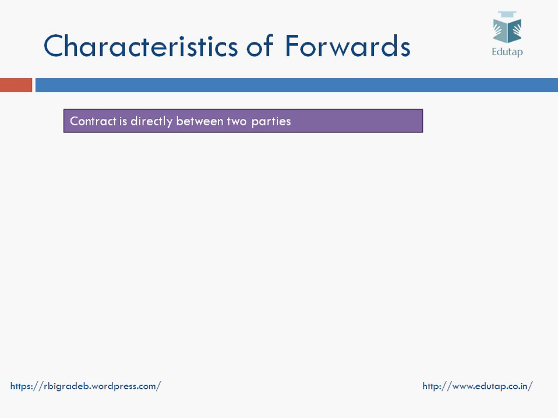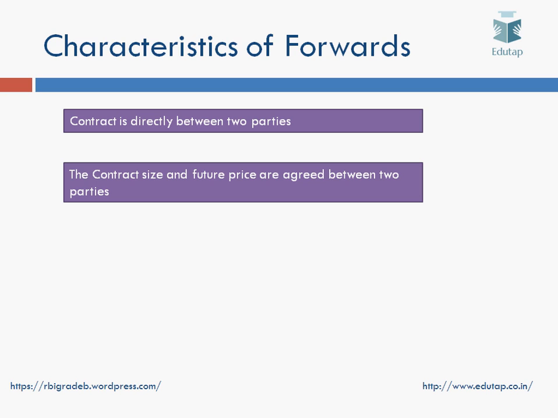Now what are the characteristics of forwards? The first characteristic of forwards is that the contract is directly between two parties. So in our example, the contract was between a farmer and a factory, and in our second example, the contract was between Ram and Shyam. The contract size and the future price are also agreed between these two parties.